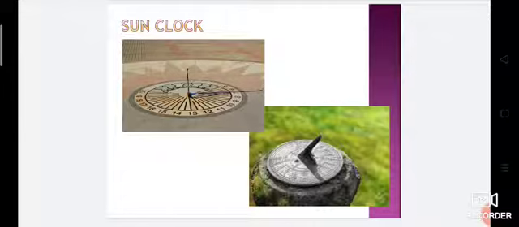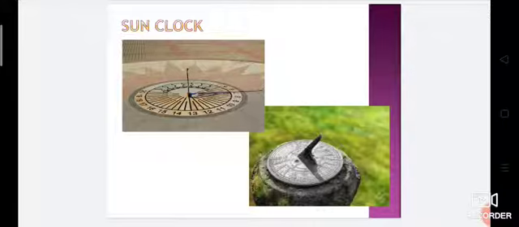In this way, through this sun clock, we are getting time in a precise way, as the sun's angle of elevation is different throughout the day, and the sun clock gives us the exact time.